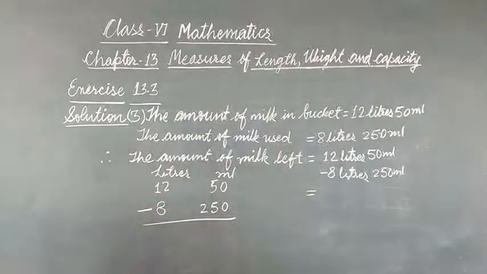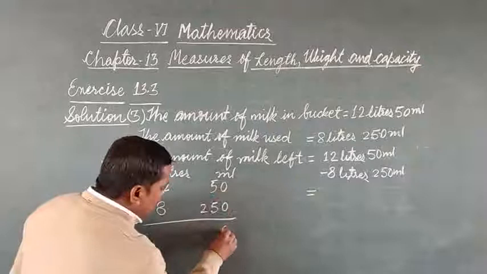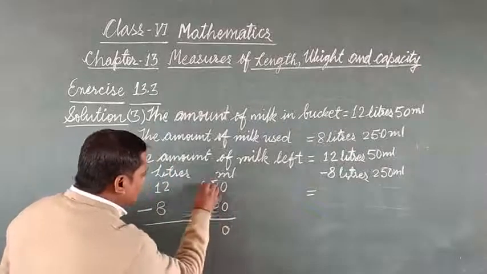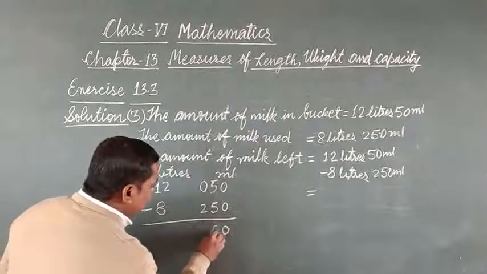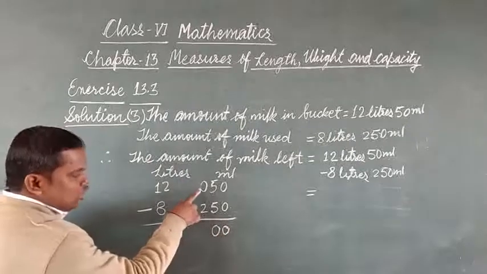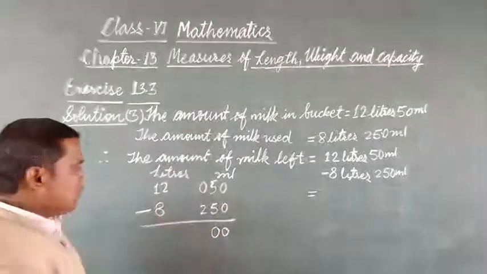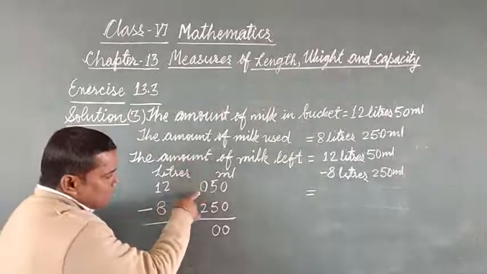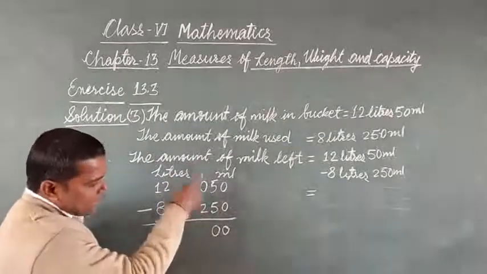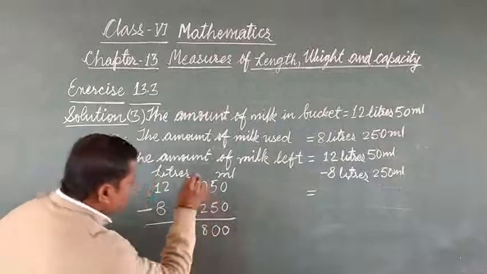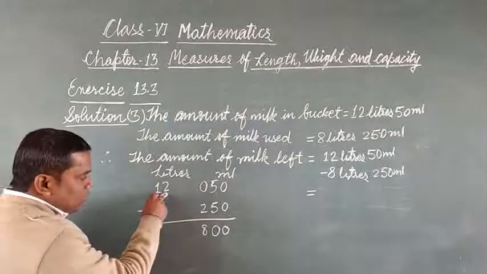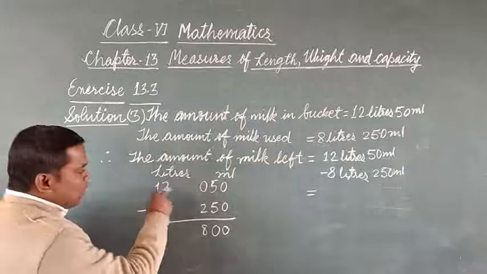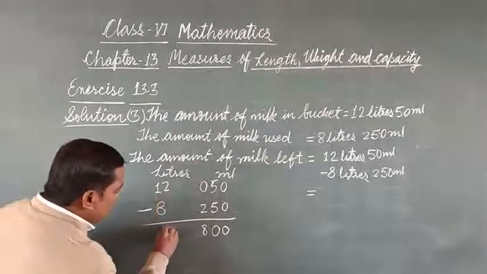So 0 minus 0 is 0, 5 minus 5 is 0, 0 minus 2 is not possible, so we take one borrow from here. Then 10 minus 2 is 8, and 1 minus 8 is not possible, so borrow 1. So 11 minus 8 is equal to 3.